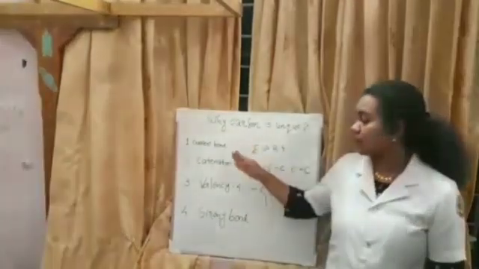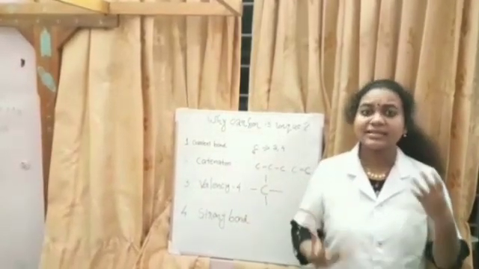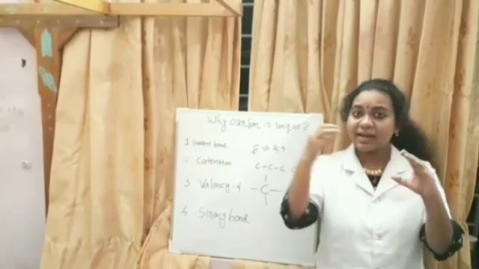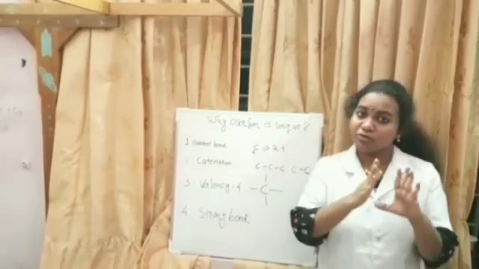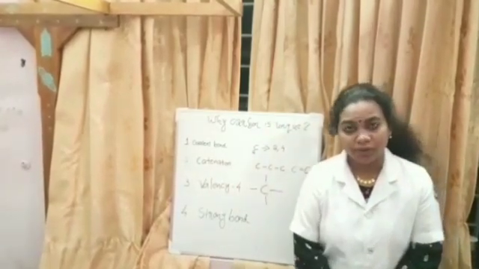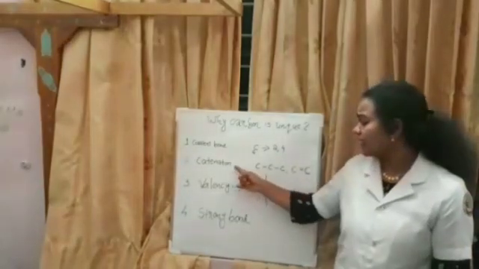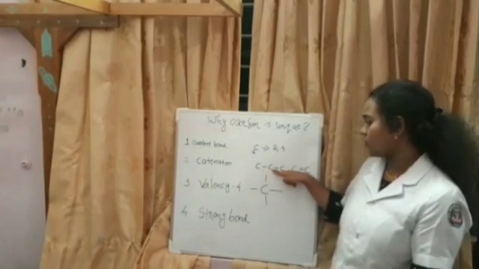The second property is catenation. What do you mean by catenation? Catenation is the ability of carbon to make bonds with other carbon atoms in the form of long chains. You can see here, it can make long chain bonds.